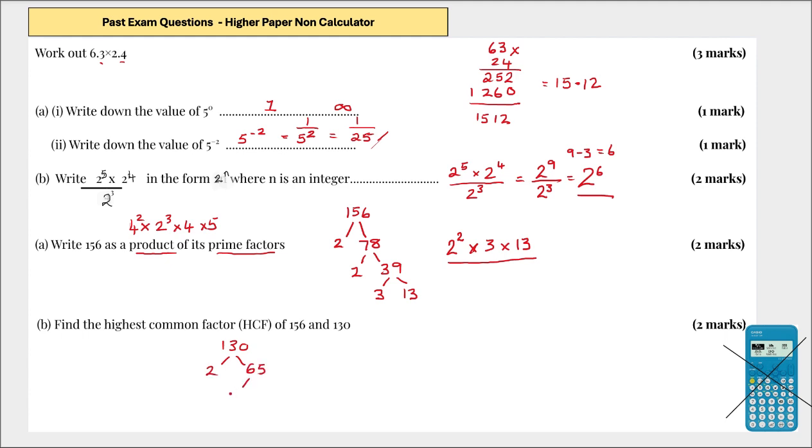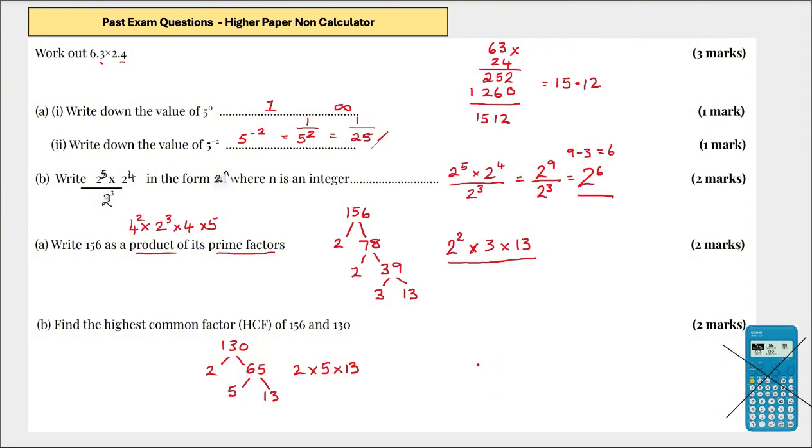Then I'm going to go 65, 5 times 13. So the answer there is 2 times 5 times 13. So it's asking us for the highest common factor of both of these, of 156 and 130.